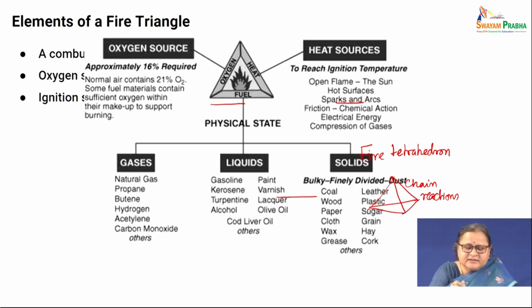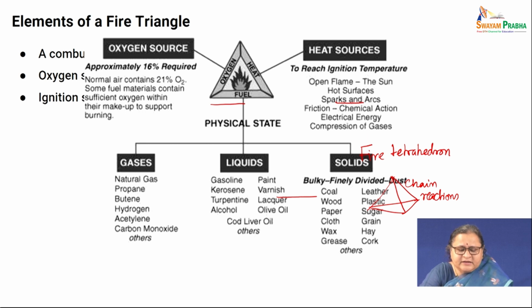Coming to the heat source, it may be the sun. If you have a facade which is concave in nature, solar radiation can lead to a fire. I think you can recall some cases of car burning from solar radiation from glass panels that have happened in our urban scape.